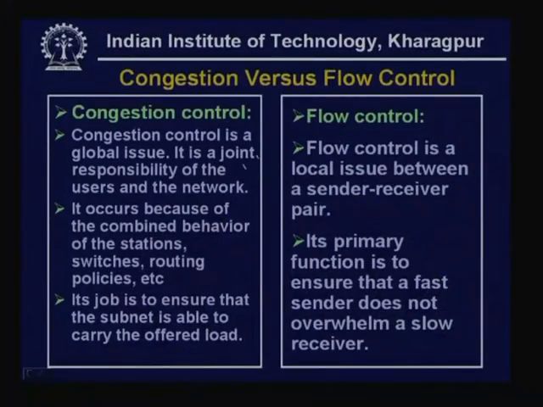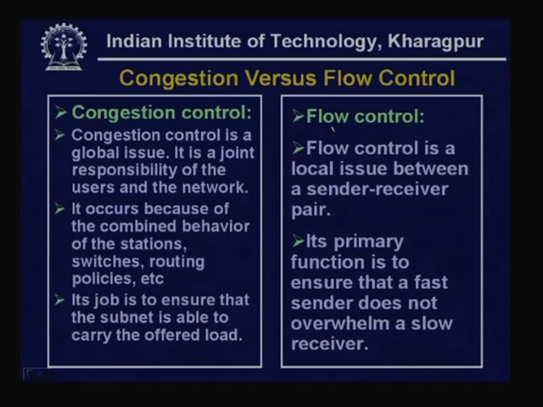On the other hand, flow control is a local issue between a sender-receiver pair. It is not a global issue. The source-destination pair, or the sender-receiver pair, is responsible. Its primary function is to ensure that a fast sender does not overwhelm a slow receiver. That means flow control is necessary in such a situation. For example, there is a server which can send at the rate of 10 gigabits per second.